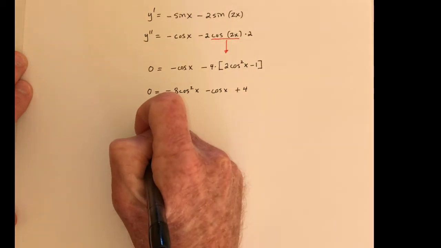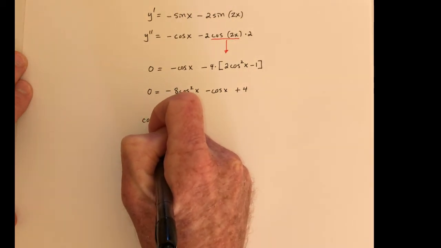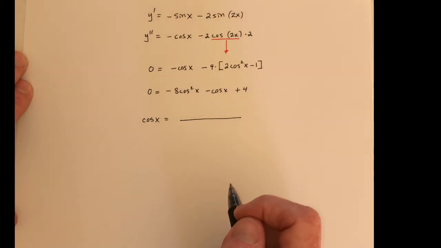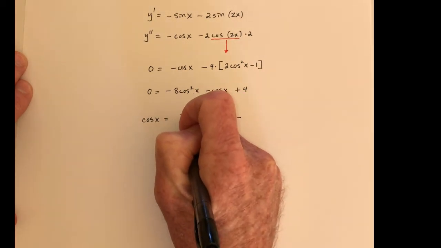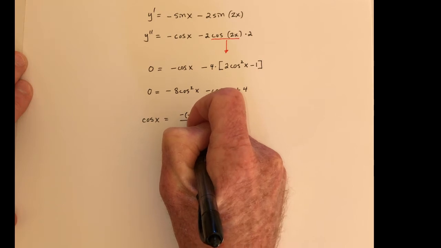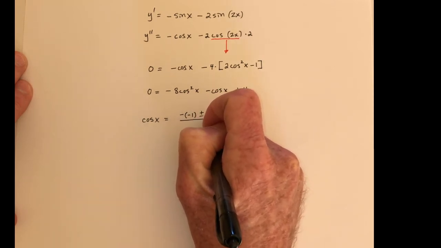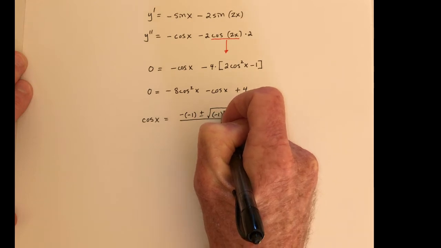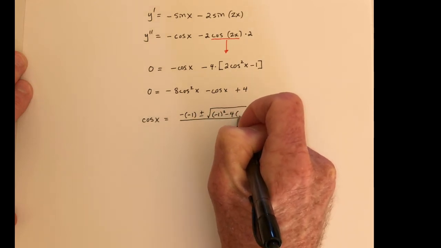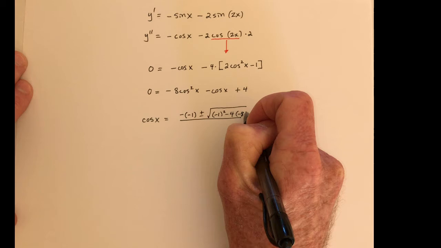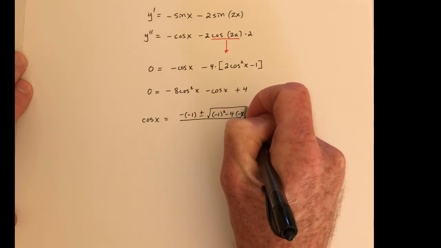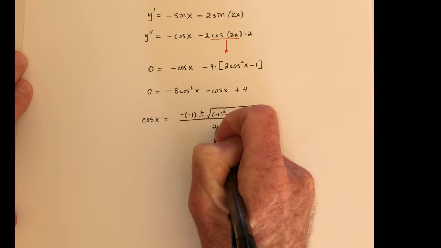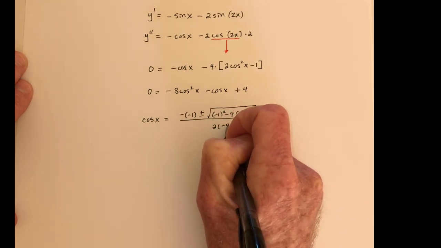But this is about cosine, so it's going to be cosine of x equals, and then the quadratic formula. So that'll go negative b plus or minus the square root b gets squared minus 4 times a times c, all divided by 2 times a.